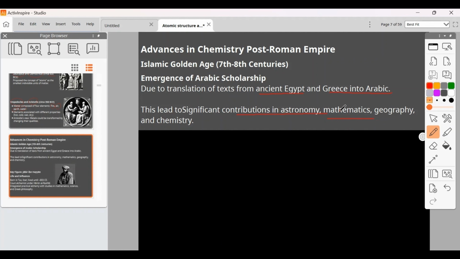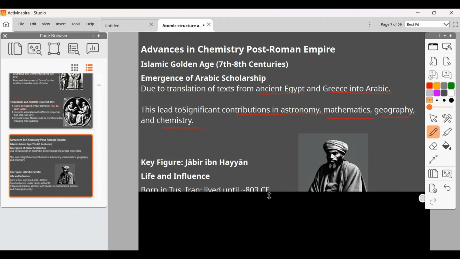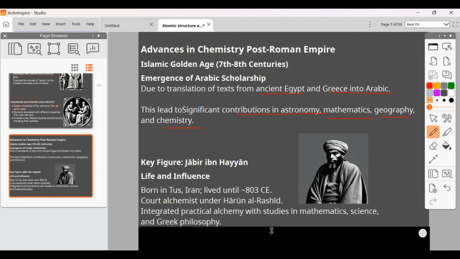For instance, in mathematics, we have Al-Khwarizmi, who developed the algorithm in maths. We have geography and chemistry, Jabir ibn Hayyan. Okay, let's see Jabir ibn Hayyan, his life and influence.